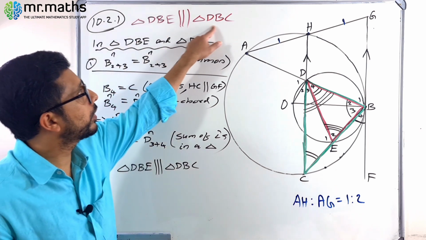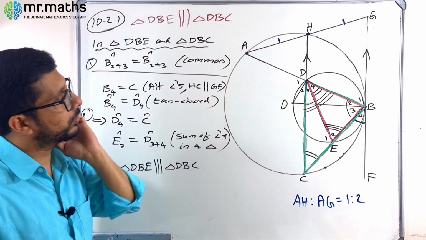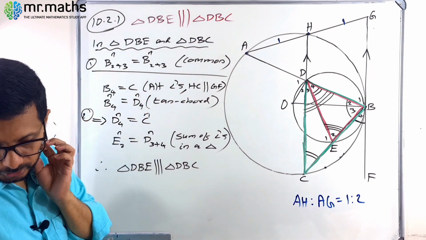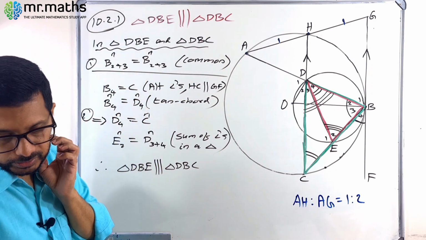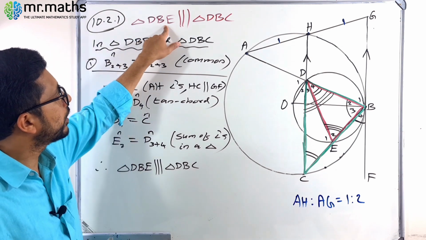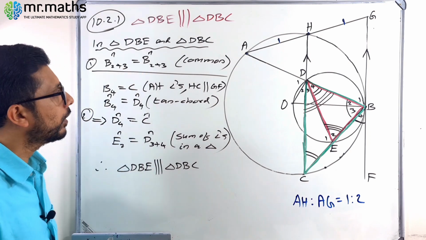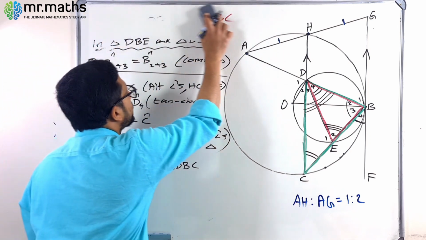This one is not in order, DBE and DBC. I will explain it on the next question if there is a proportion question. Yes, the next one is a proportion question coming, and at that time I will explain. This one they gave in the question not in the correct order. Anyway, I will explain that later.